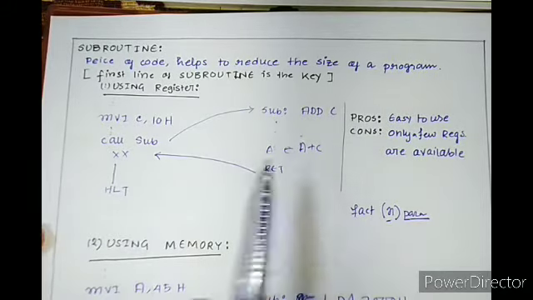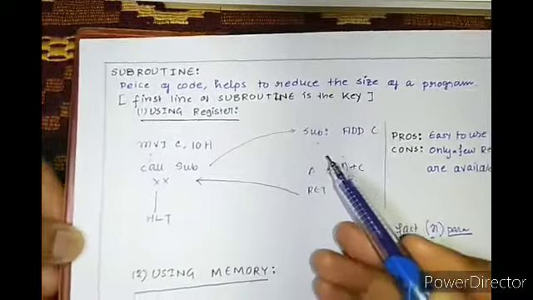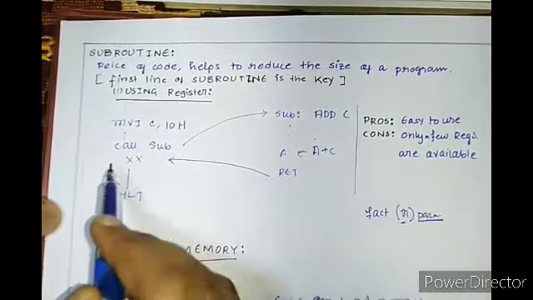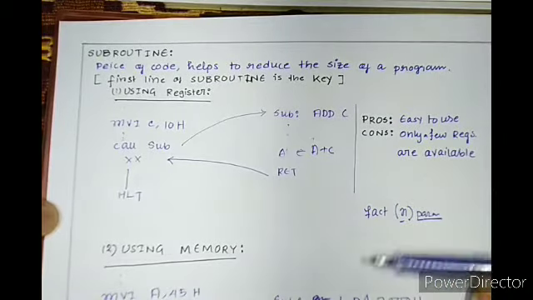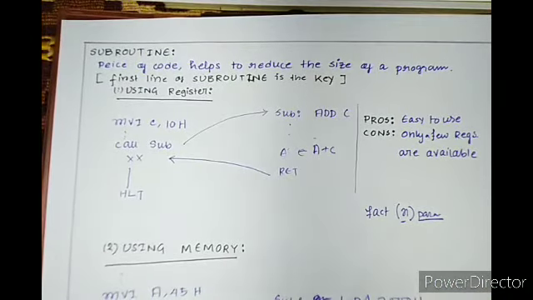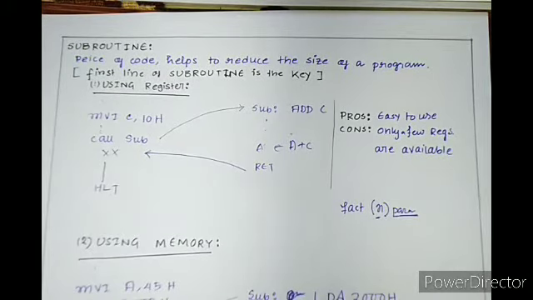Now see, if you don't want to add C, you want to add D, then MVI D comma data and ADD D, and that register will also get blocked. So this is why, as there are only a few registers, you shouldn't use this method to send parameters.